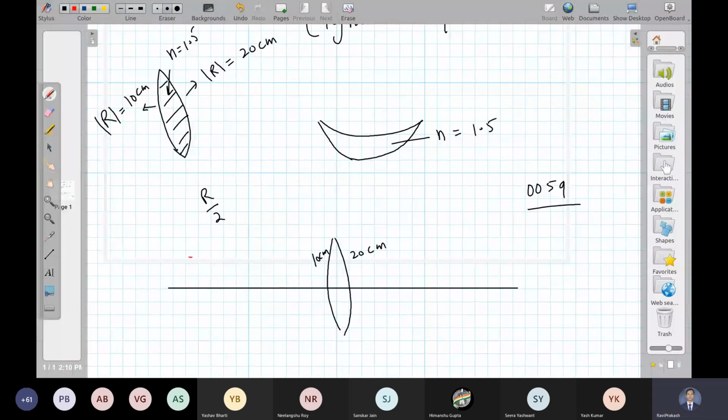Where will they converge? Where will they converge, at a distance of 10 centimeter or 5 centimeter? 10 centimeters, sir.